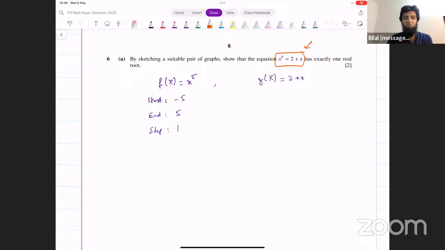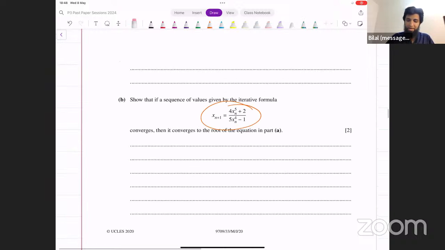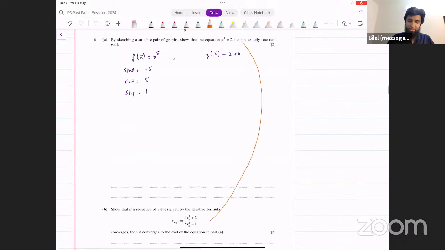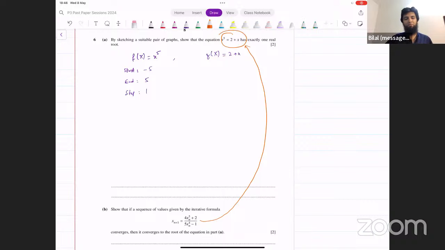So what you have to do is, you have to prove that this iterative formula corresponds to that equation. It's coming from that equation. Now, you can either convert this equation to this form. Generally, it's easier to do it the other way around, that you convert the iterative formula to this form and prove that it's coming from that equation.